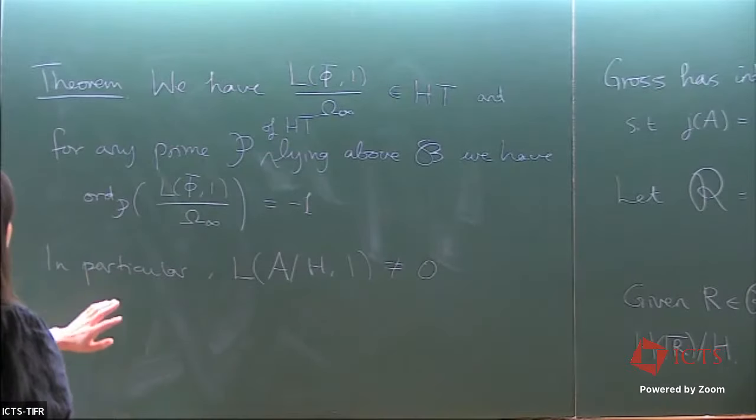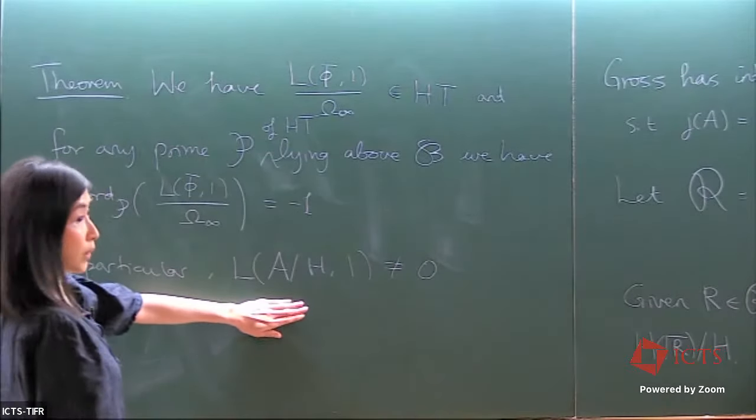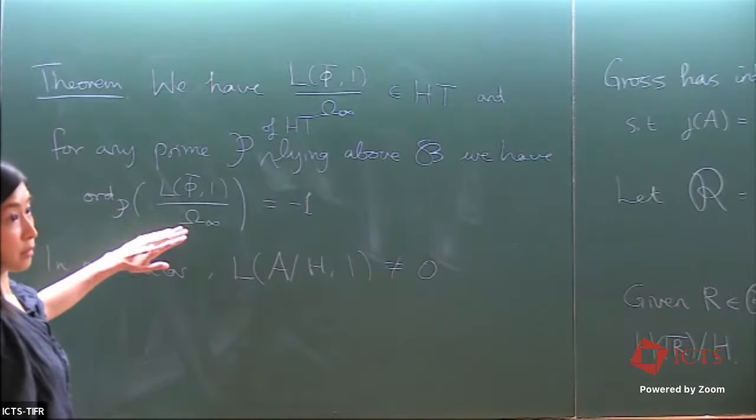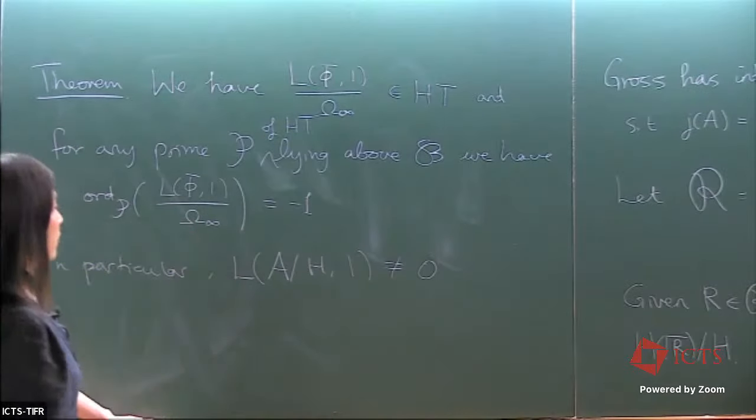But to get the non-vanishing of the twist, we really need this precise p-adic valuation.